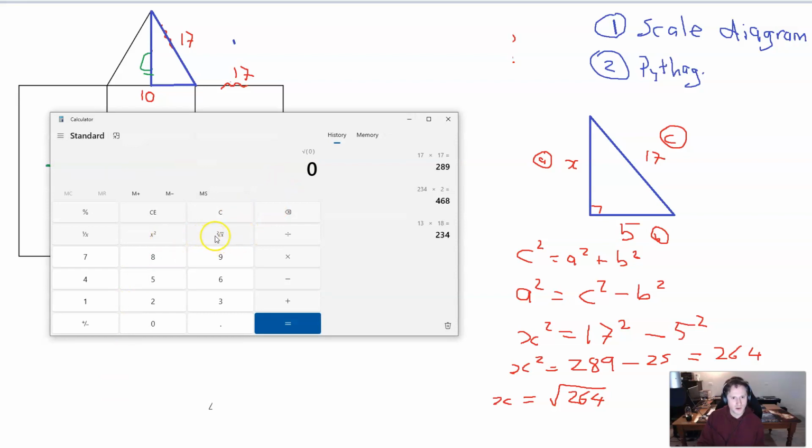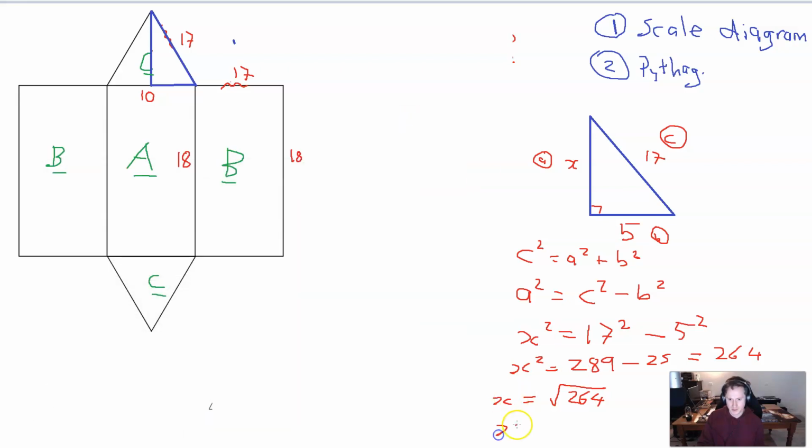So we'll go square root 264. Oops, you have to do it a different way in this calculator. So you go 264, then square root. So 16.25, I would round that up. So x is equal to 16.25 centimeters. So then you would label that there as 16.25.